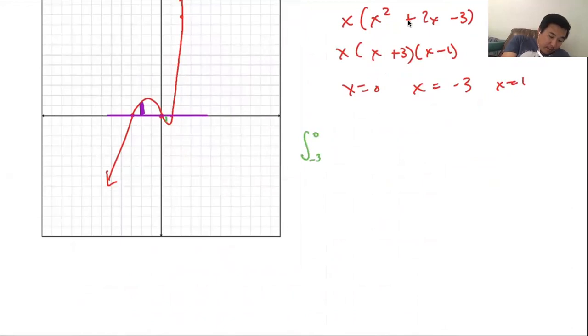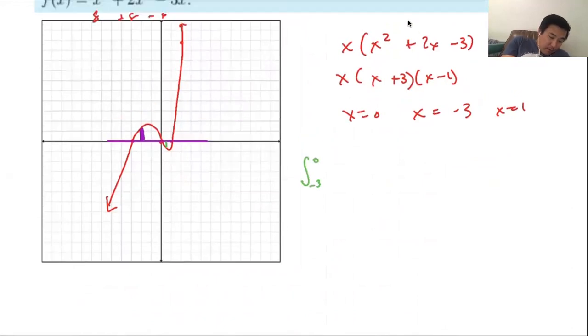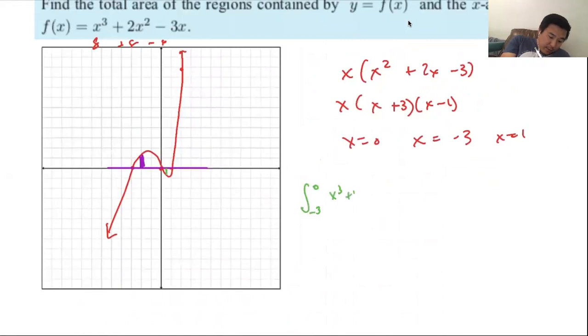So the first integral is from negative 3 to 0 of x cubed plus 2x squared minus 3x, and then plus from 0 to 1 of 0 minus x cubed plus 2x squared minus 3x dx. So I'm going to integrate that.